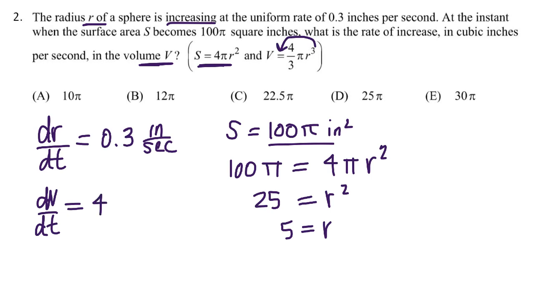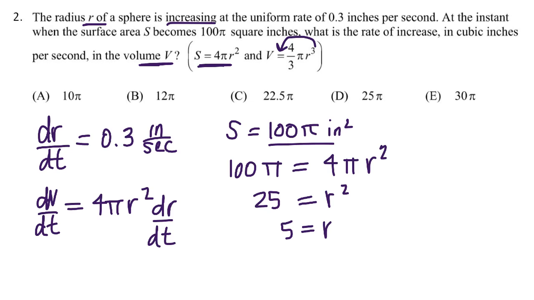And so I have 4 pi r squared dr dt. Okay, and we're asked for the rate of change of the volume. So it looks like we can go ahead and just plug in a few things here. We need dV dt. 4 pi r squared.